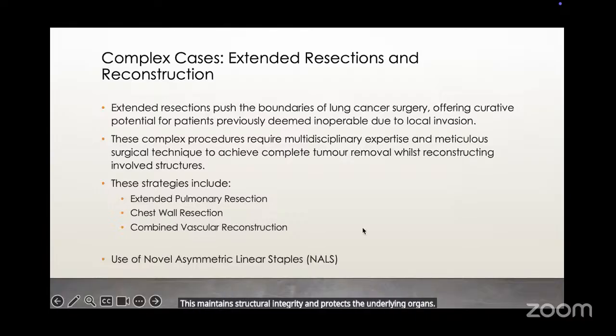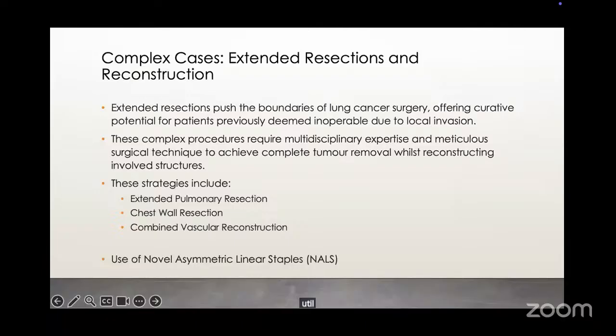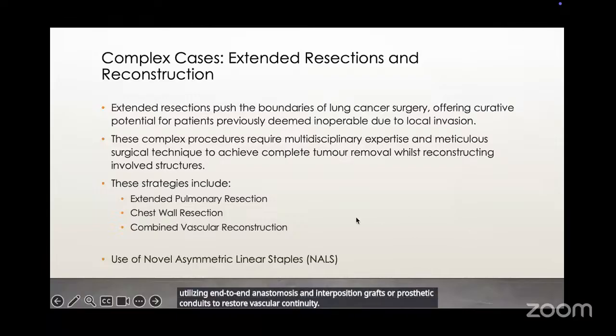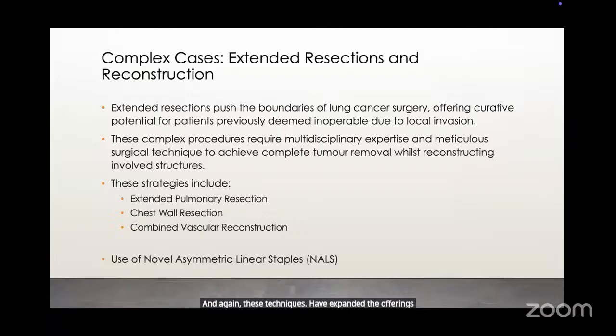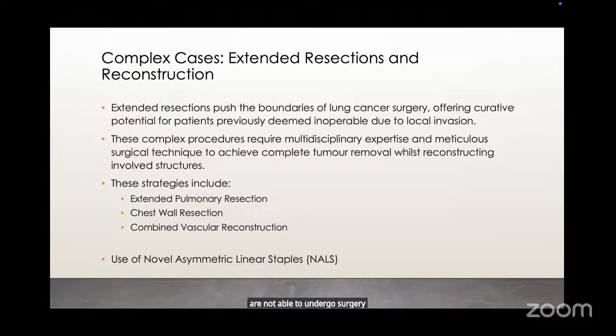There's also combined vascular reconstruction, which involves resection and reconstruction of pulmonary artery and vein segments involved by tumors, utilizing end-to-end anastomosis and interposition grafts or prosthetic conduits to restore vascular continuity. And again, these techniques have expanded the offerings, and the patients who were previously deemed inoperable are now able to undergo surgery with curative intent.